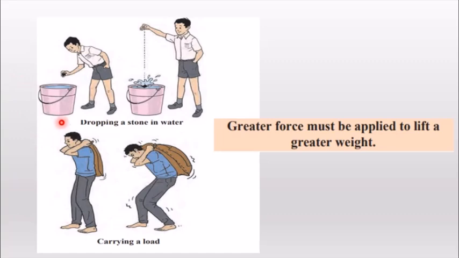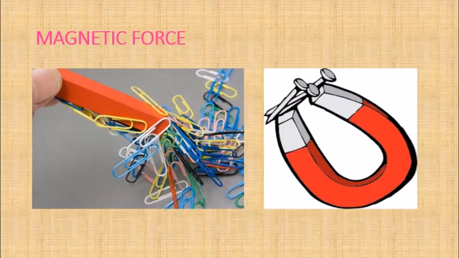In the first picture there was no splash, so the sound which used to come is also very less, but here the sound will be more. More force is applied here, and that is why we can hear a greater sound.